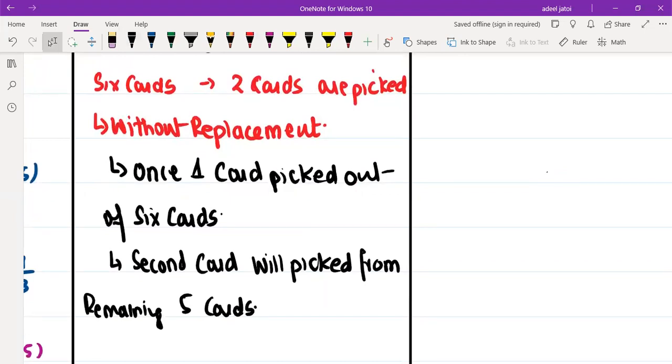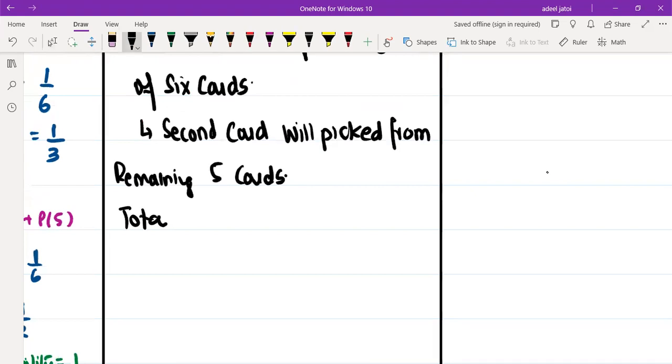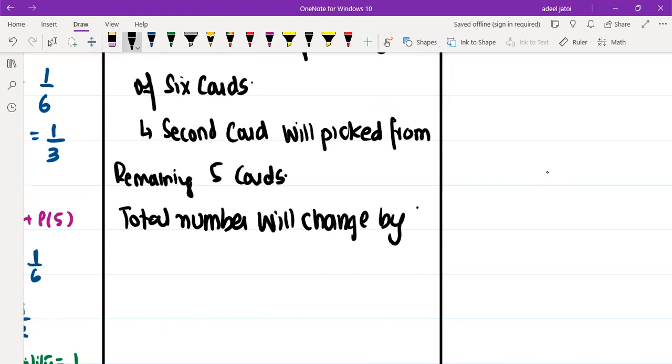When you pick something from the first event, you will keep it outside or you will keep it away. So the total number will change by 1.